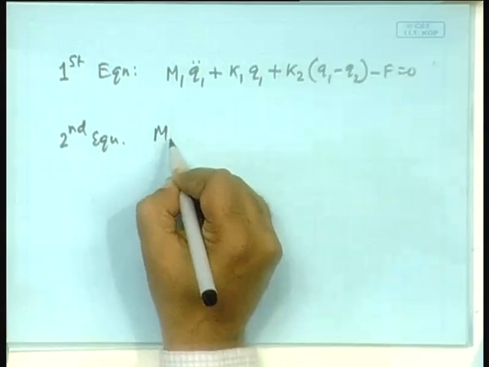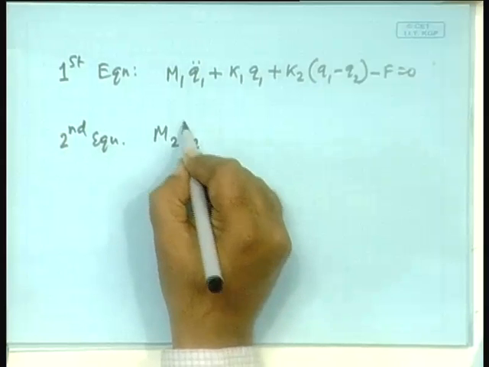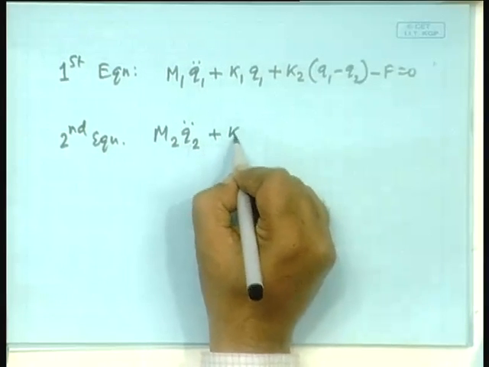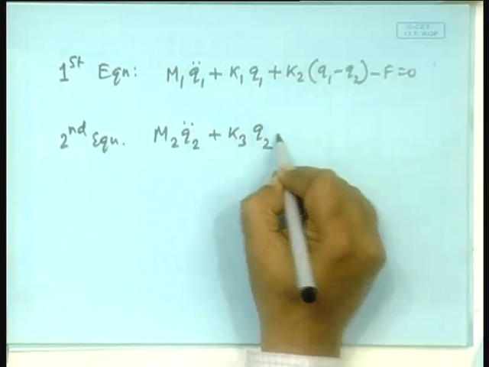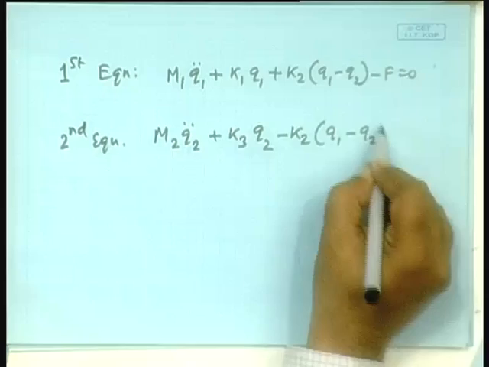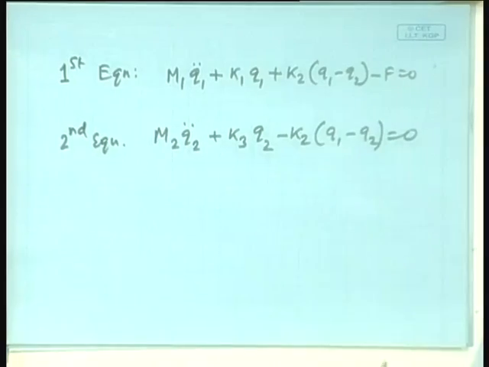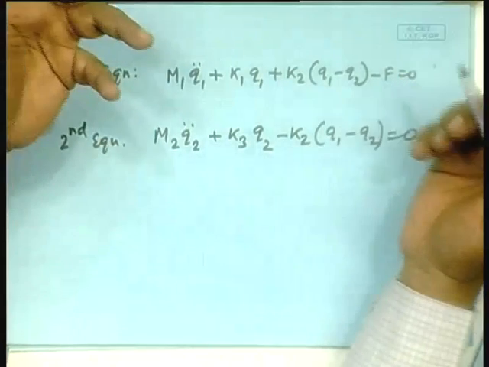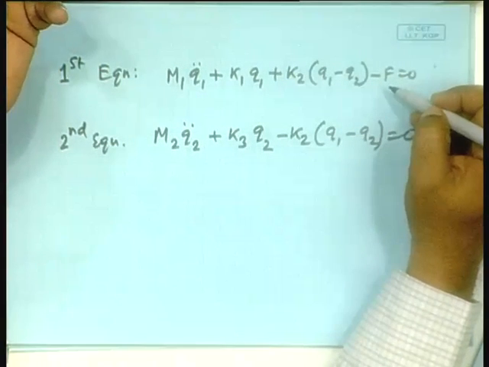It will be m2 q2 double dot plus k3 q2 minus k2 q1 minus q2, without any difference. So, it is trivial to take into account the external forces.